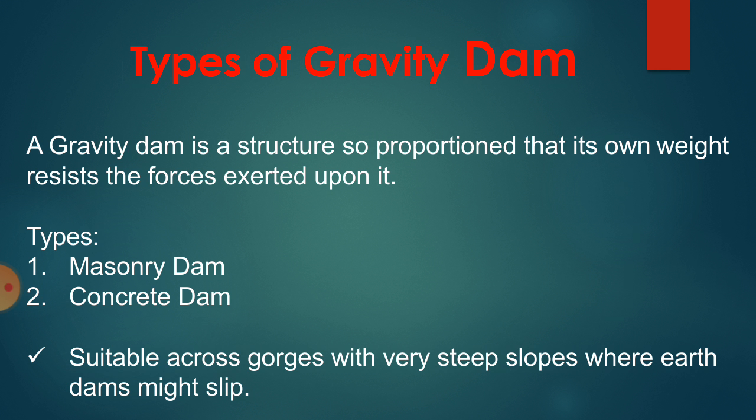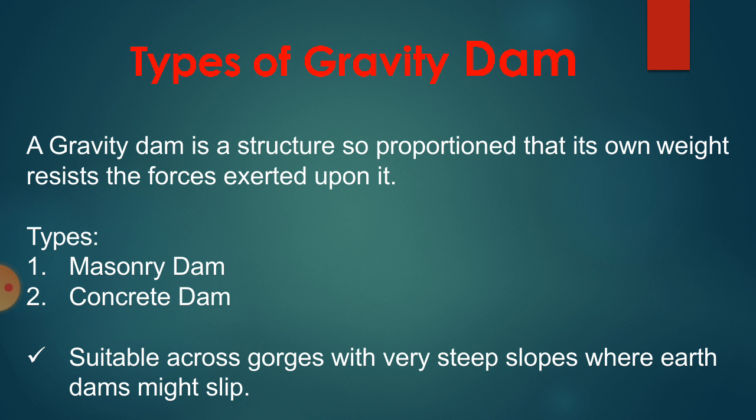Types of gravity dam. A gravity dam is a structure so proportioned that its own weight resists the force exerted upon it. Types of the gravity dam are masonry dam and concrete dam. In the past, gravity dams were made of stone masonry, but now masonry dams are rarely constructed.